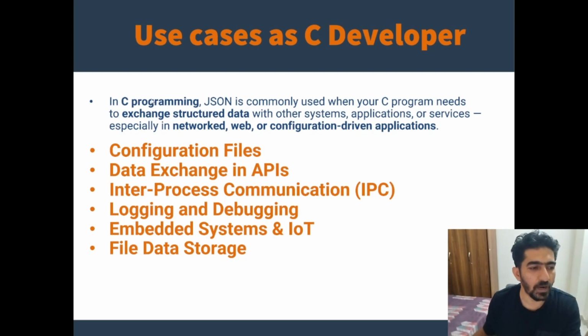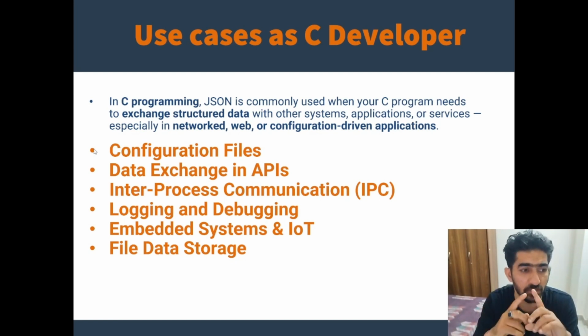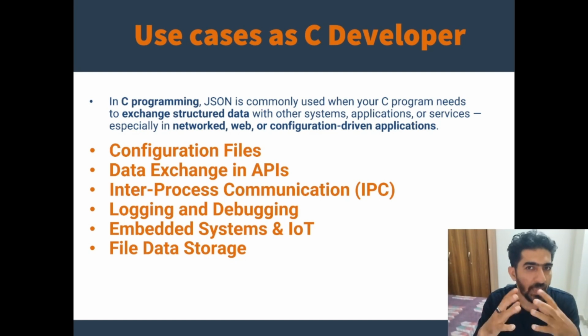In programming, JSON is commonly used when a C program needs to exchange structured data with other systems, applications and services, especially in network, web and configuration driven applications. The first use case for JSON is configuration files. It's heavily used if you are working in C for getting the configuration data and loading the services.